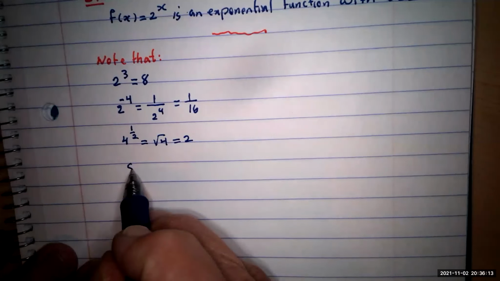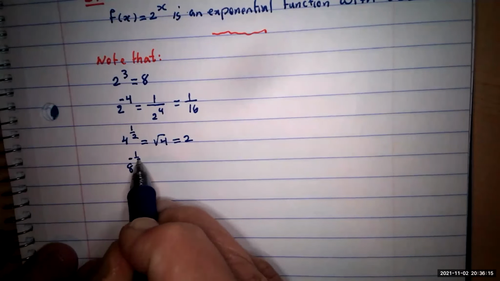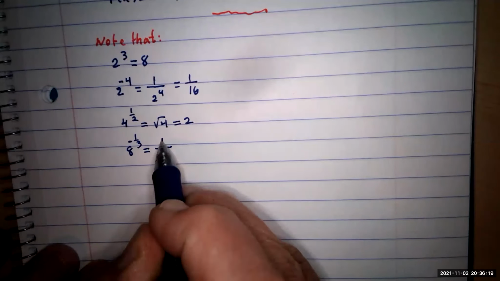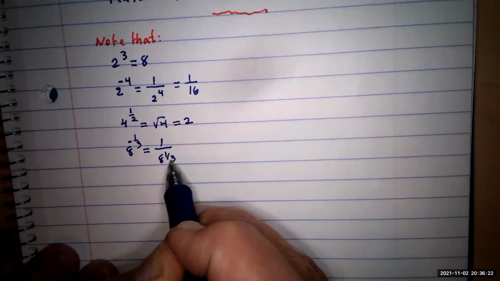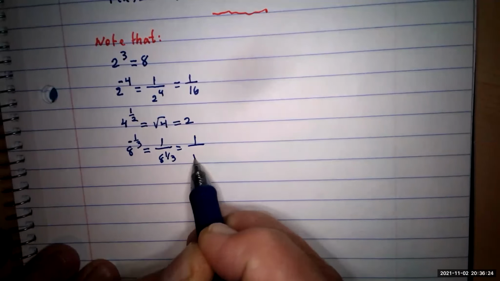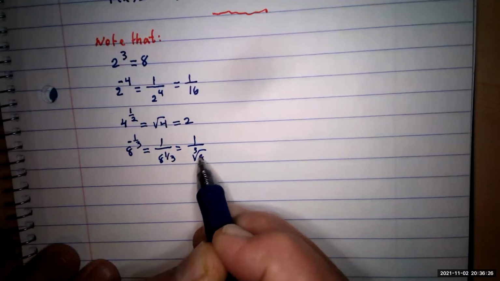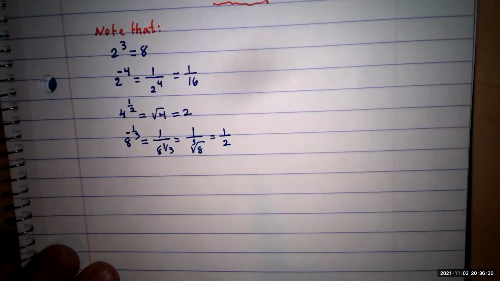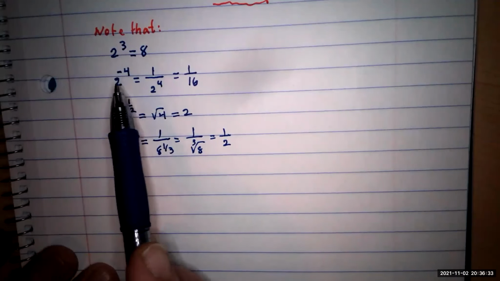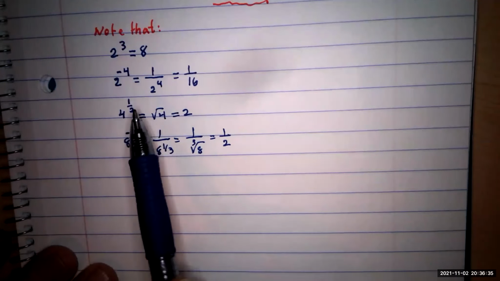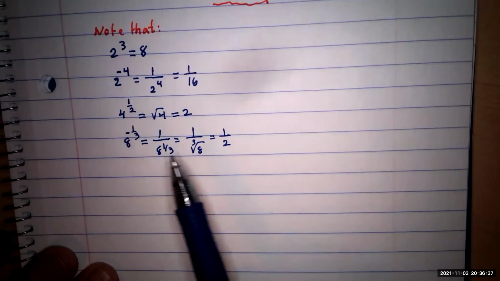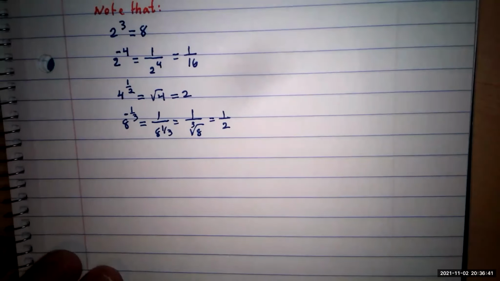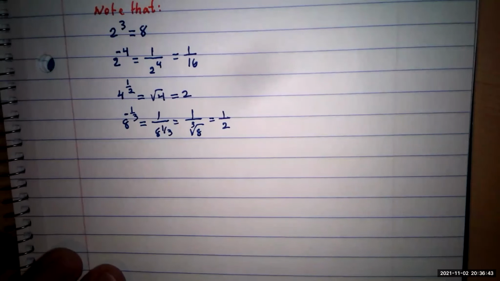If you want to find 8 to the negative 1/3, you know that we flip it, it's going to be 1 over 8 to the 1/3, which is going to be 1 over cube root of 8. Cube root of 8 is 2, so that gives 1/2. So I can have a positive integer as a power, negative integer, a positive rational number, a negative power. So everything would be fine.